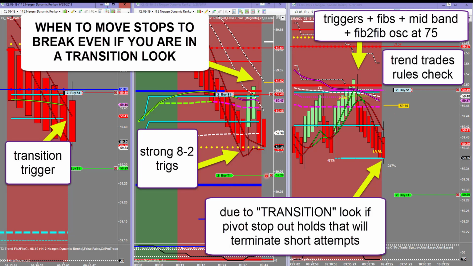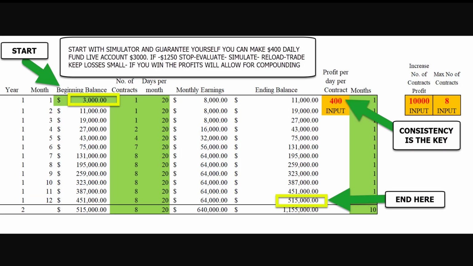Hopefully it keeps going. It should, because of the triggers, but because you're in a transition, you want to be protective when you get to a pivot stop out or any type of Fibonacci resistance. You want to make sure you don't lose money. Understand? Not losing money is very important.